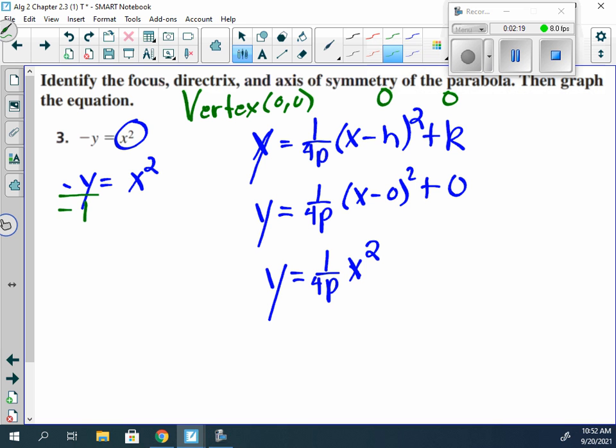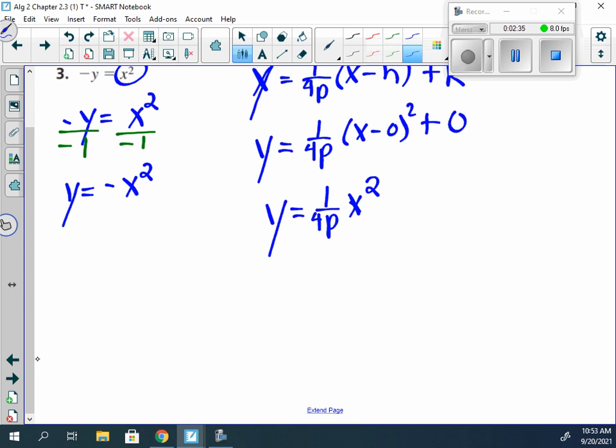So to fix that, we can divide both sides by negative 1. Well, negative y divided by negative 1 is just y. x squared divided by negative 1 would be negative x squared. Now, is it in the same form of y equals 1 over 4p times x squared? Well, yes.